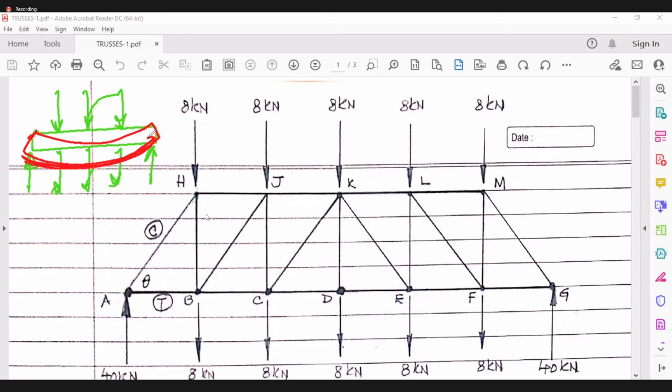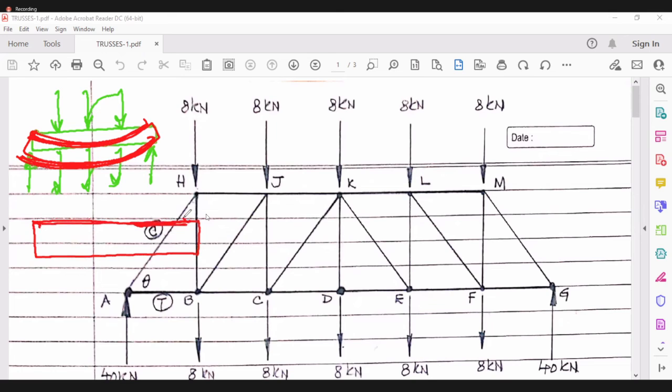The convex part is in tension, and the concave part will be in compression. Why?